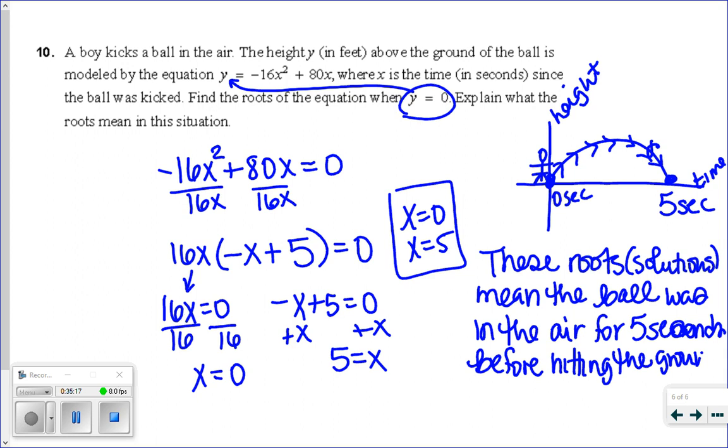It means that the ball was in the air for 5 seconds. So right at time 0, at 0 seconds, it's on the ground. Boom, we kick it. It goes up, up, up, and then it goes back to a height of 0, back on the ground at 5 seconds after that.